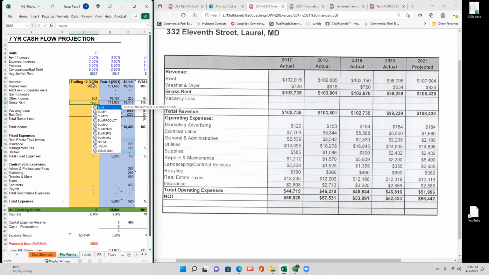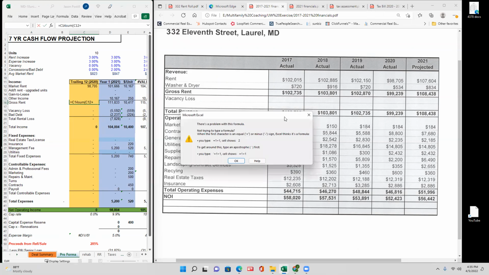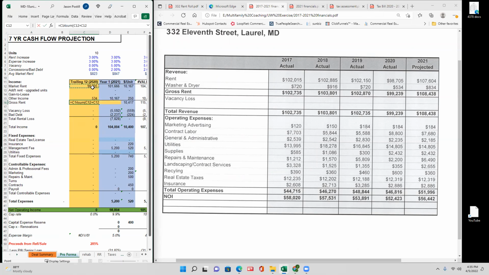So sum equals C plus, this is really frustrating.